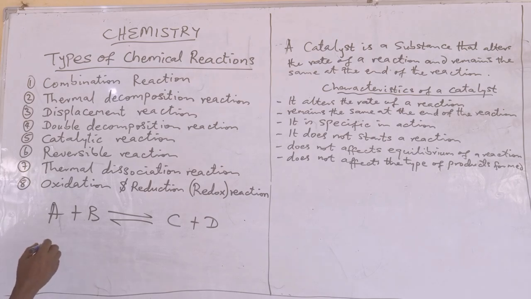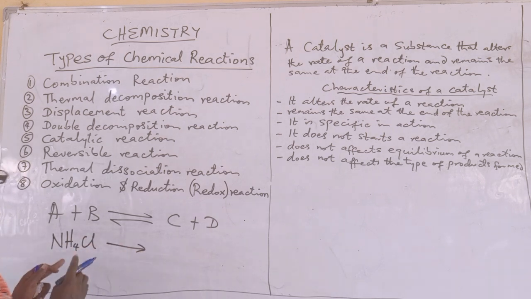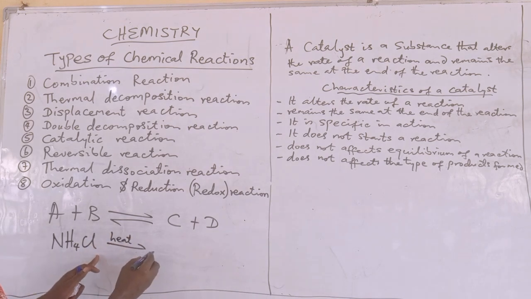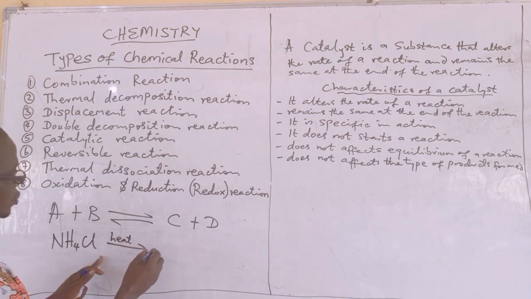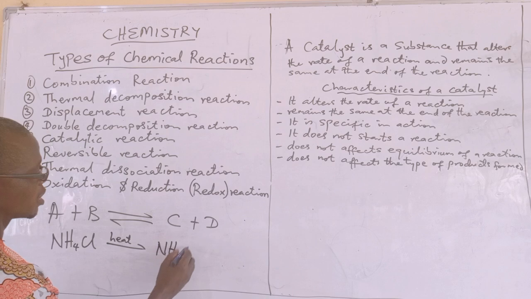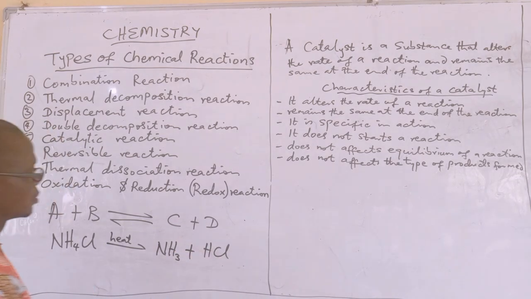Example, you have something like NH4Cl, ammonium chloride. If you apply a little heat on it, it will decompose into NH3 and HCl.